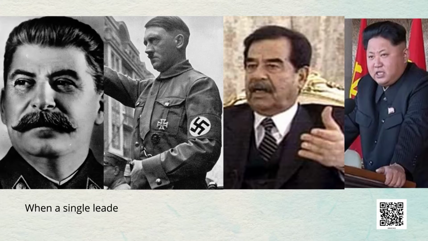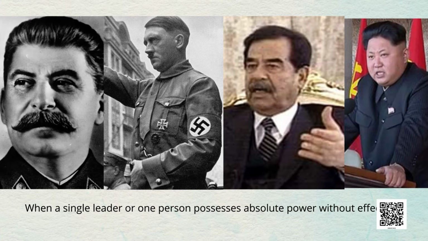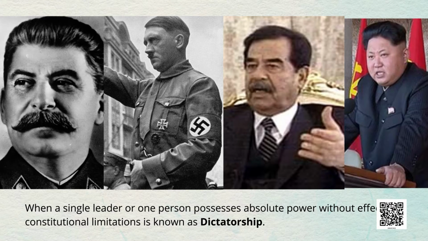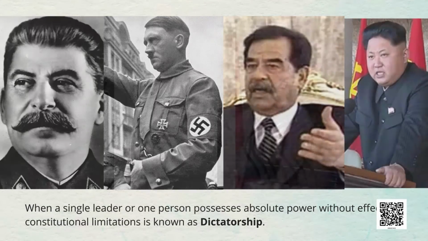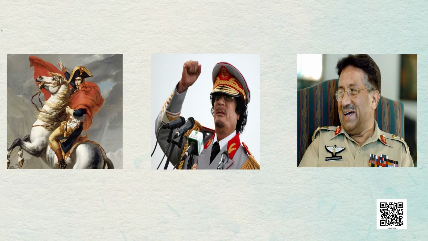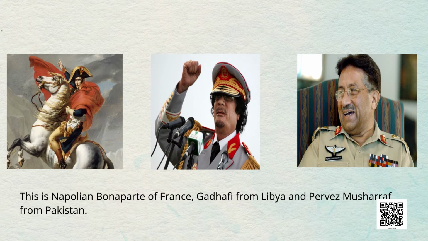When a single leader or one person possesses absolute power without effective constitutional limitations, it is known as dictatorship. Now, you can see more pictures of some military generals of different countries. This is Napoleon Bonaparte of France, Gaddafi from Libya and Pervez Musharraf from Pakistan.